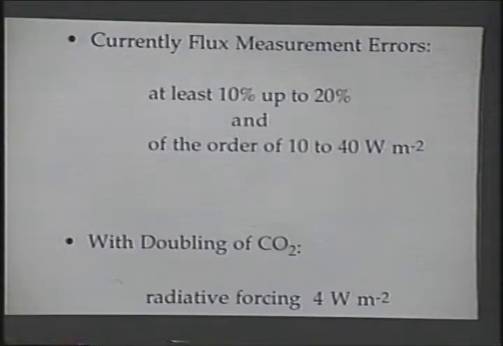And as you can see at the bottom of the slide, they are almost an order of magnitude larger than the 4 watts per square meter, the radiative forcing, or the greenhouse heat trapping in the atmosphere, which is often quoted as resulting from a doubling of CO2 in present and current analyses of climate change.